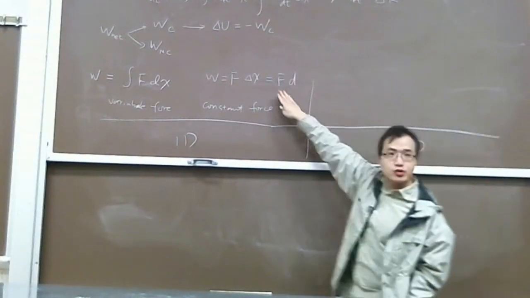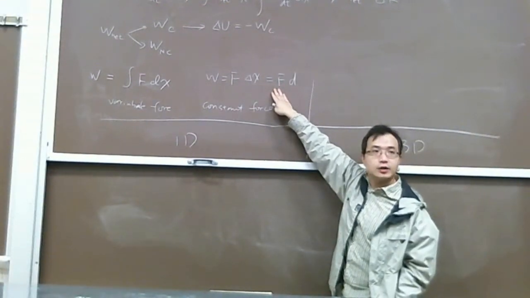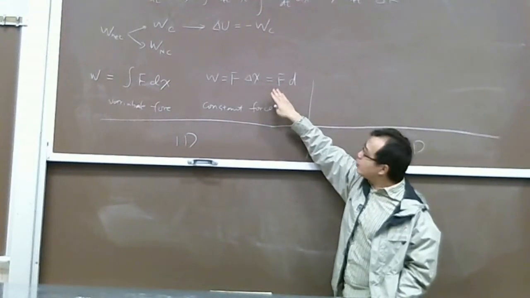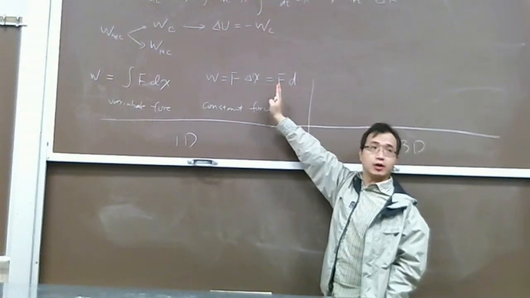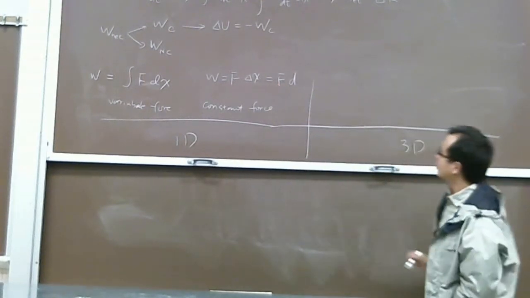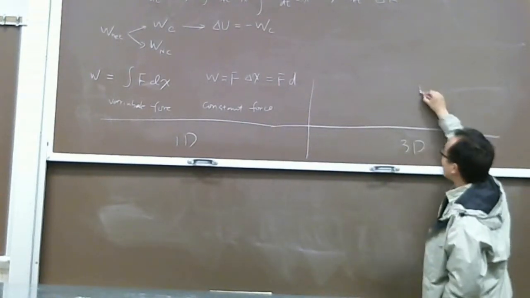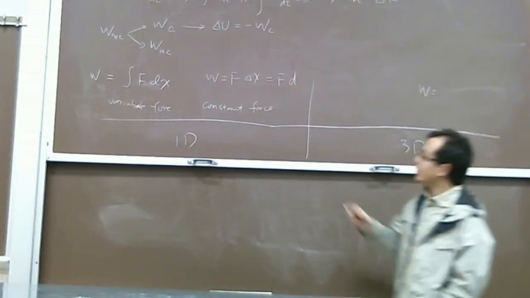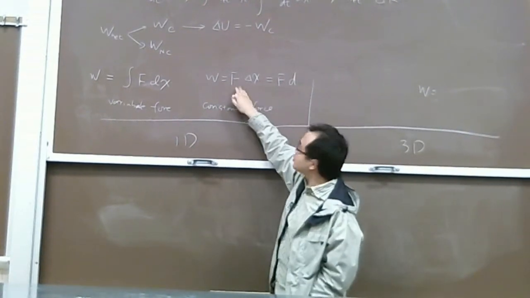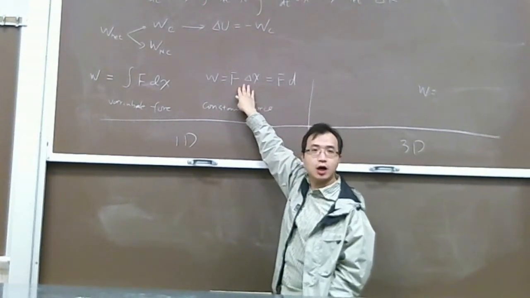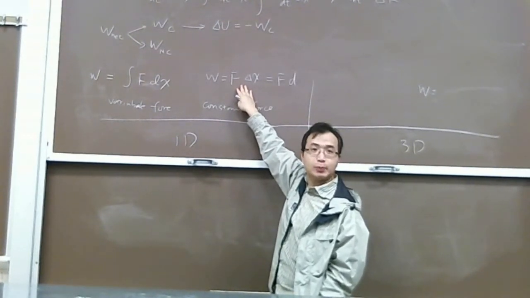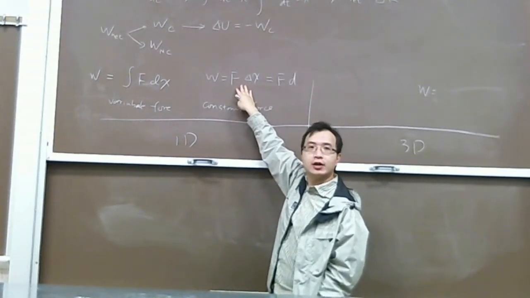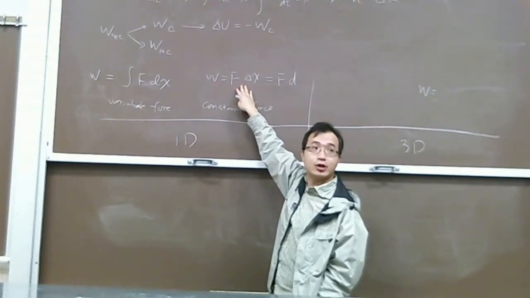To extend, first look at the constant force. You can extend this equation to 3 dimensions or vector form. So what can we do? W in this case, if it's 3 dimensions, you simply replace this algebraic multiplication by some kind of vector multiplication.